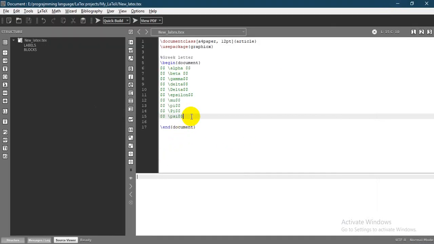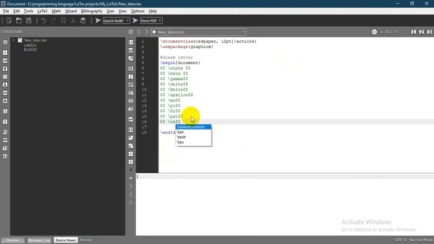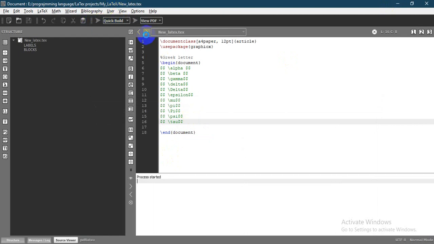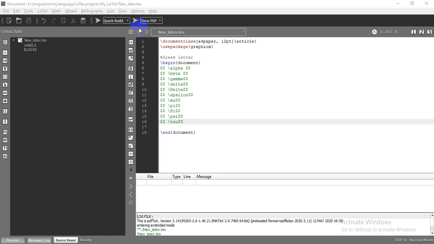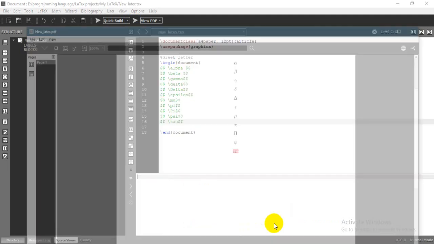The next one, other ones can be tau. We have tau. So we have this. So tau, let's see how tau is written. We have tau, this is tau here. We copy. So and visualize what's inside.